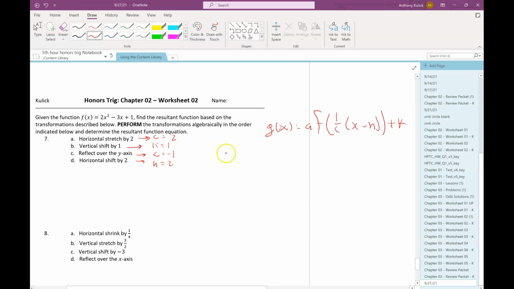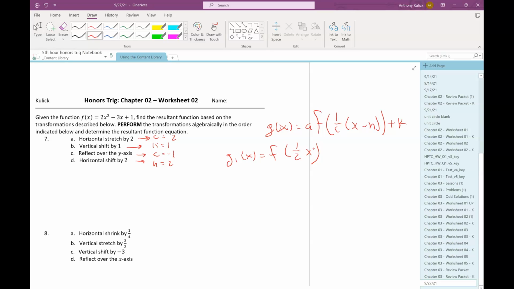So I'm going to do this in 4 steps. My first transformation is going to be f of 1 over 2x. Since in that first step, a is 1, h is 0, and k is 0, everything else just kind of drops off, and all I have is that 1 over c in there, right?